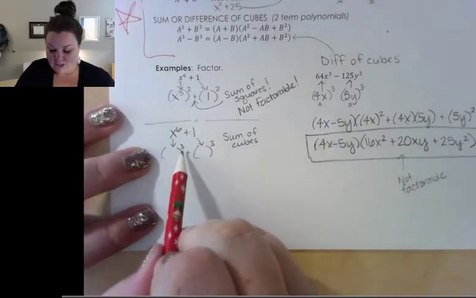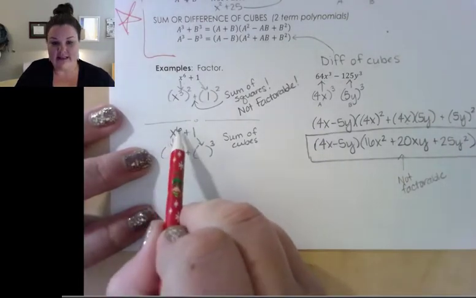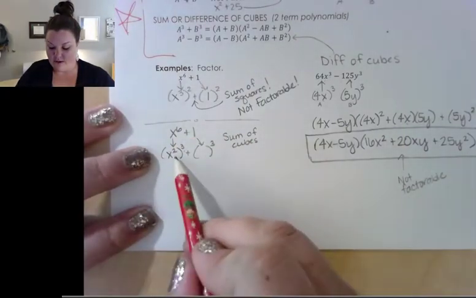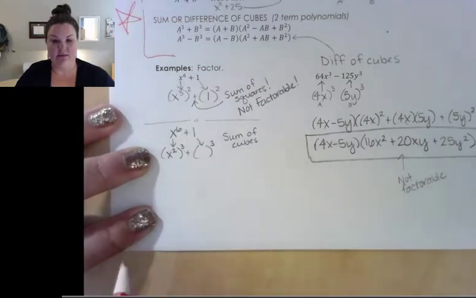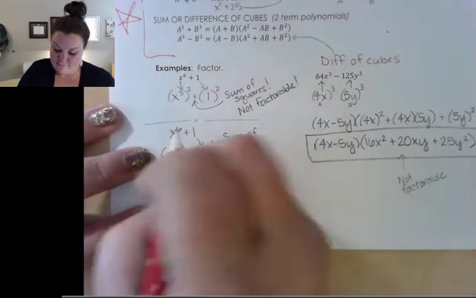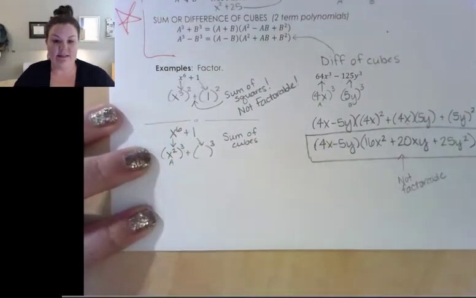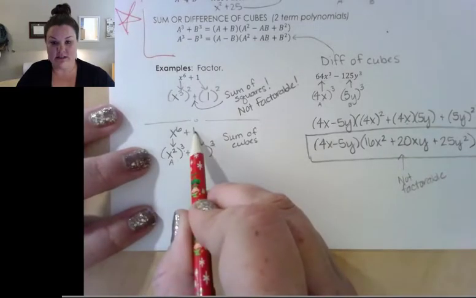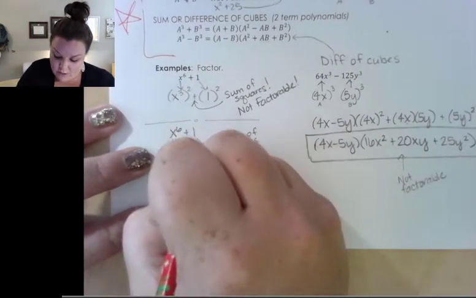So what would I have to cube in order to get x to the 6th? Well, I would need an x squared, right? So that when I multiply those powers, I end up with a 6. So my first base, my little a here, is going to be x squared, okay? My second base that I have to cube in order to get 1 would just be 1.